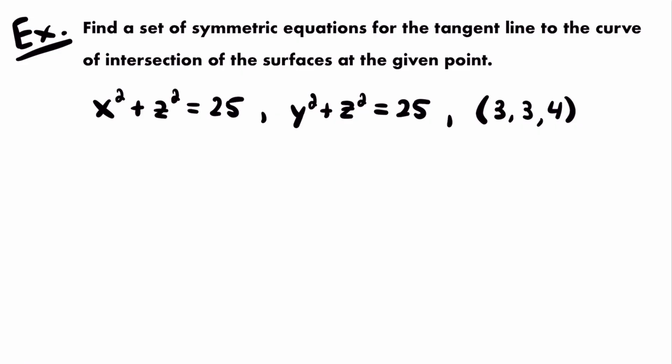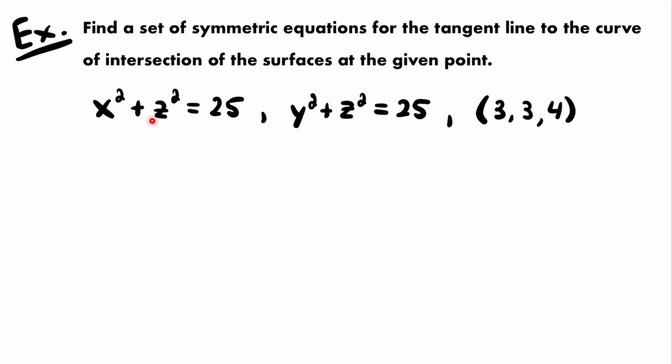But what's going to help us find it will be the gradient vectors for our surfaces, specifically the gradient vectors of the level surfaces. Okay, so just like we've done in previous examples, we want to view these two functions as multivariable functions of three independent variables, which represent four-dimensional shapes, of which then these two surfaces are level surfaces. Okay, and both of these equations are in the right form.